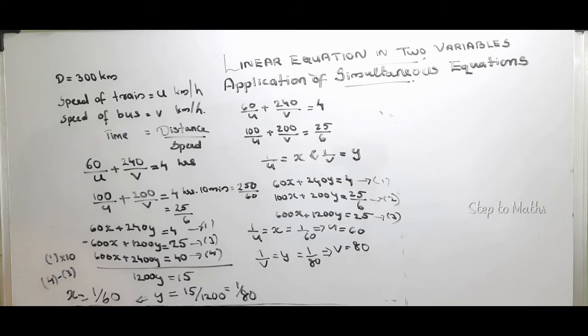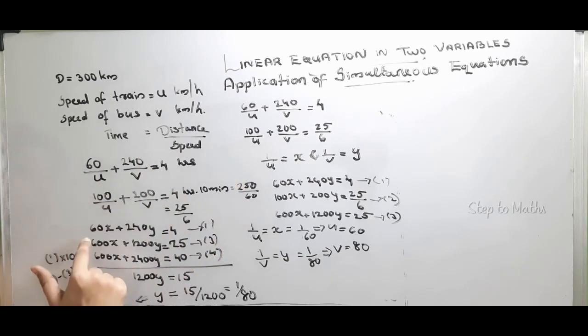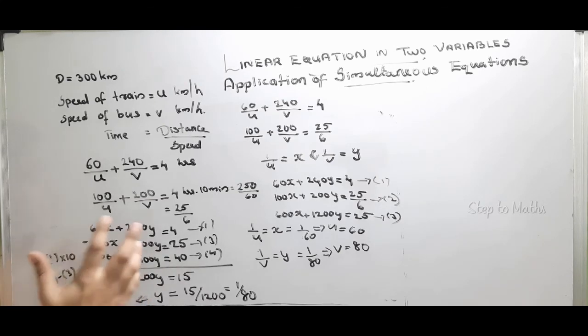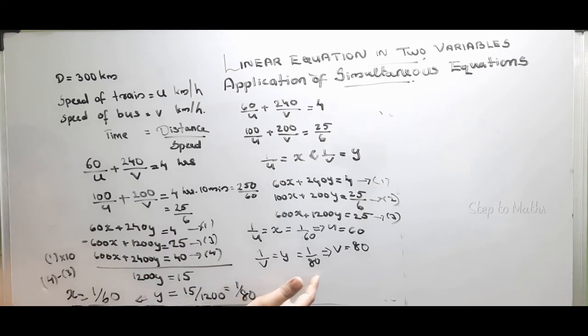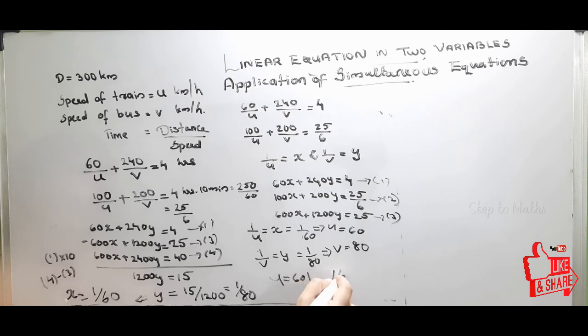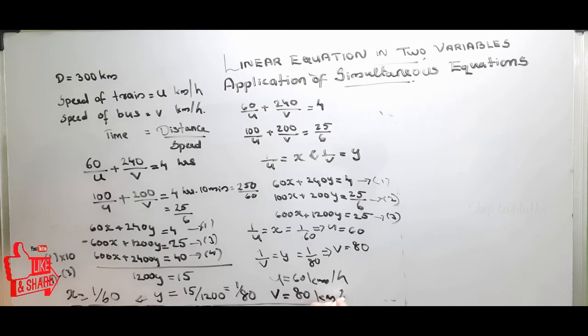Just from the given question, we form an equation and then make suitable substitutions, and we get two equations in linear form, and by any method we can solve the linear equations and finally we get the solution. And here u equal to 60 km/h and v equal to 80 km/h.